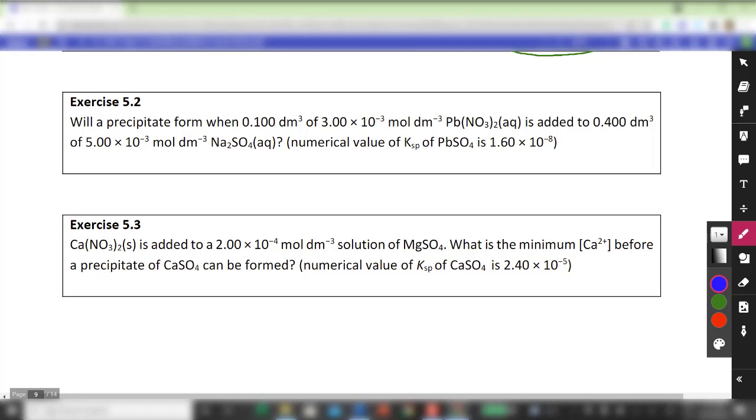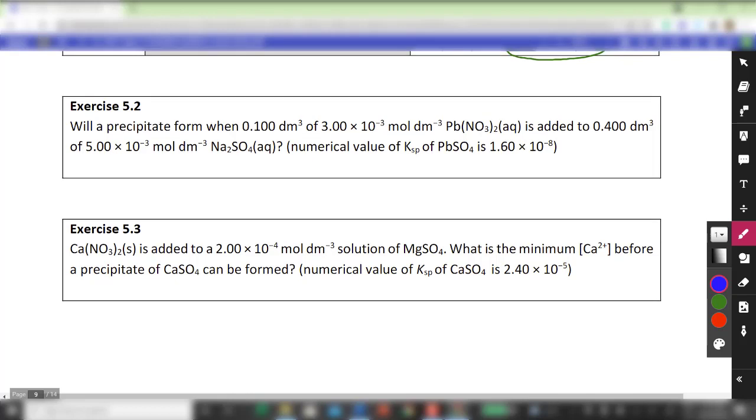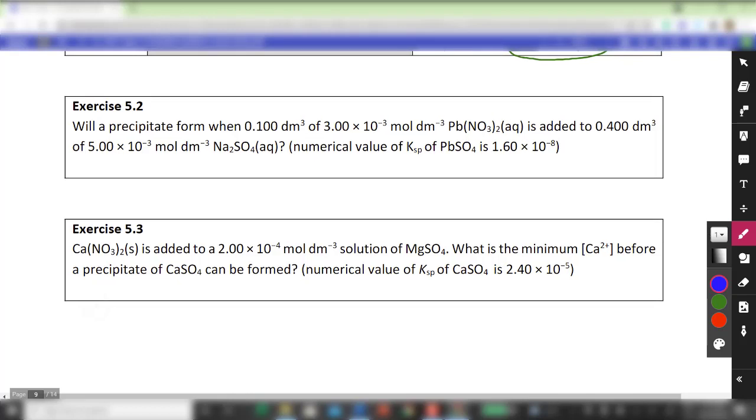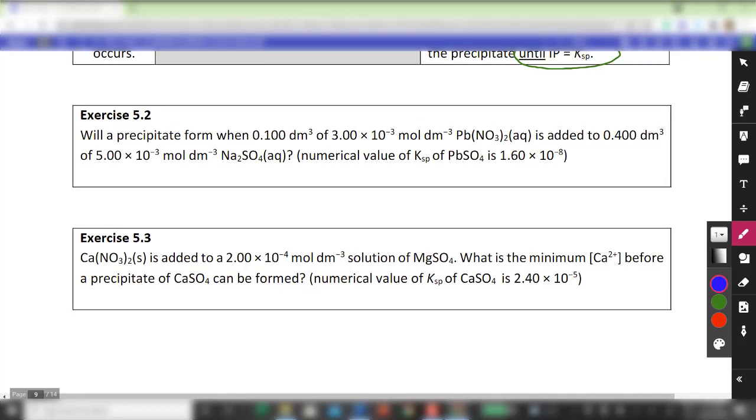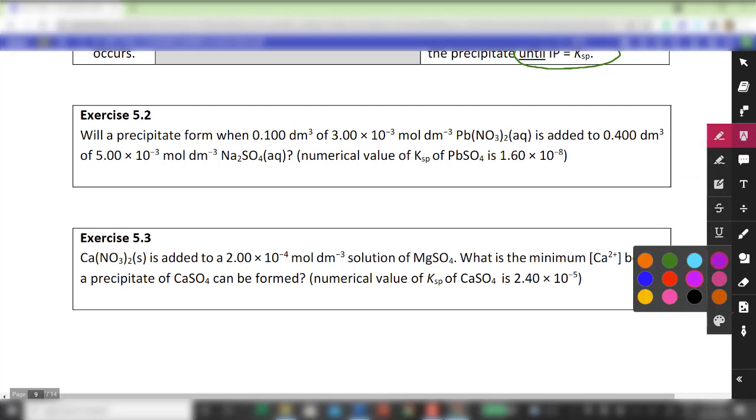No, you're not given volume. Oh, sorry, you are given volume, I missed that. Let me highlight it in purple. You are adding 100 cubic centimeters, that's 0.1 dm cube, and 0.4 dm cube.